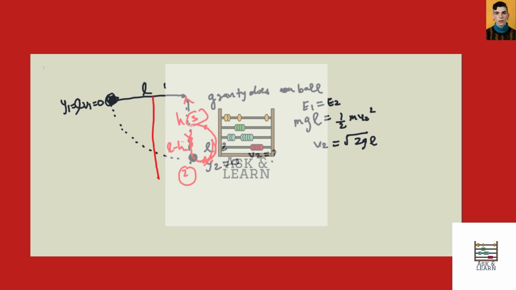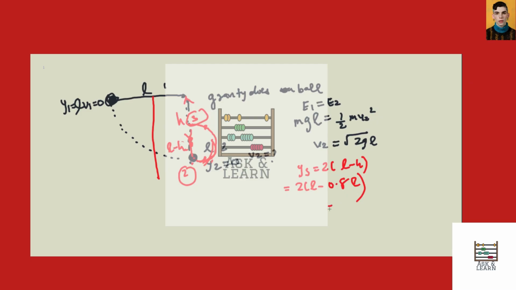When the object goes from this location to this location, the total height gained is 2 times L minus h. So y3 with respect to the ground is 2 times L minus h, which equals 2L minus 0.8L, because the ratio of h to L is given as 0.8.